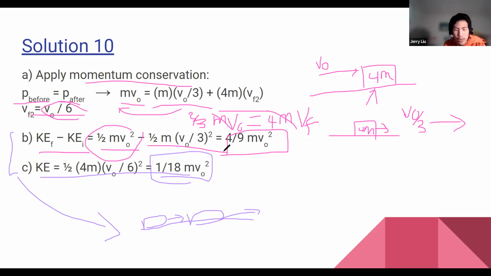You can see that you lost 4/9 of mv0² of kinetic energy for the bullet, and only gained 1/8 mv0² of kinetic energy for the block. So this system in total has lost energy. But it's only partially inelastic because these objects are not fully bound together, so it's not a perfectly inelastic collision.